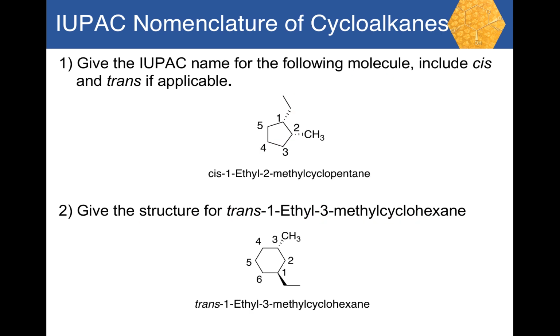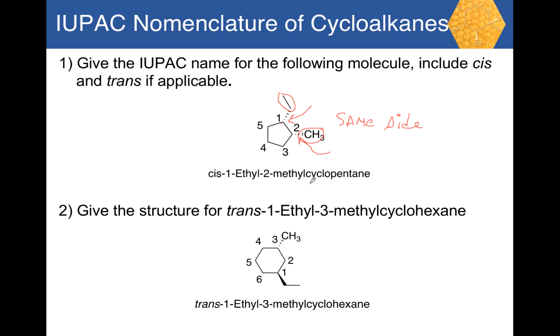So what we have here is, how do we name this? So we go 1, 2, 3, 4, 5, 6 as we did before. Here's the ethyl, here's the methyl, and the relationship is on the same side, which makes it a cis.